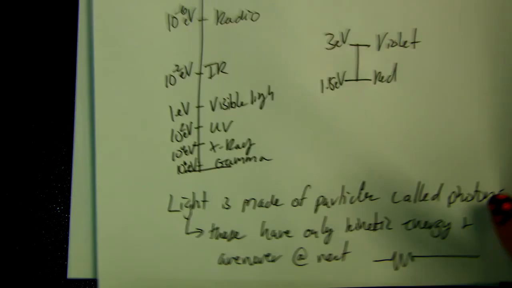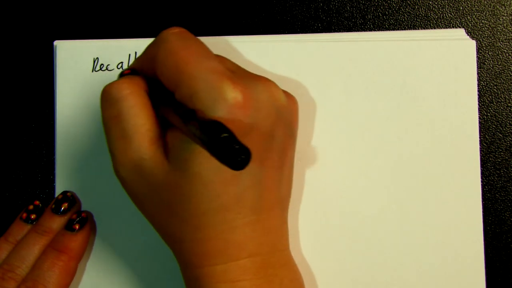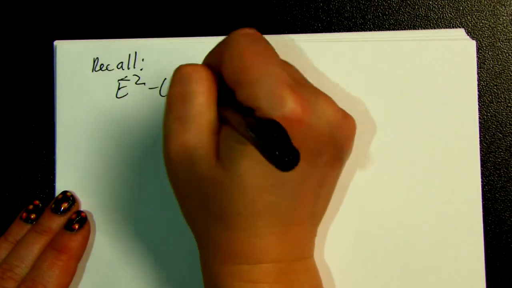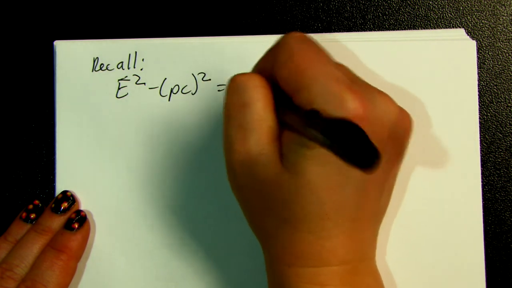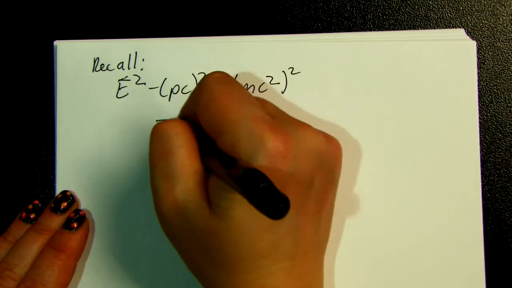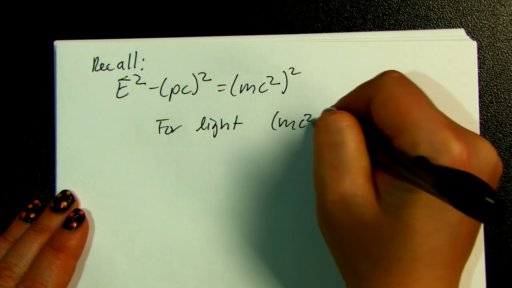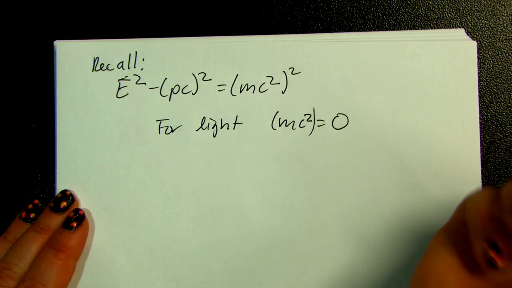All right, so if you recall, going back to our energy equation that works for everything, E squared minus (pc) squared is equal to (mc squared) squared. So for light, mc squared is equal to 0.